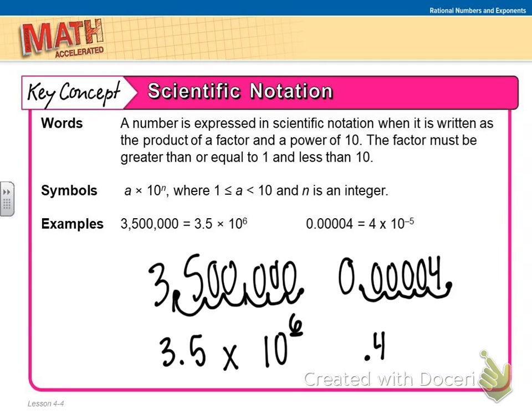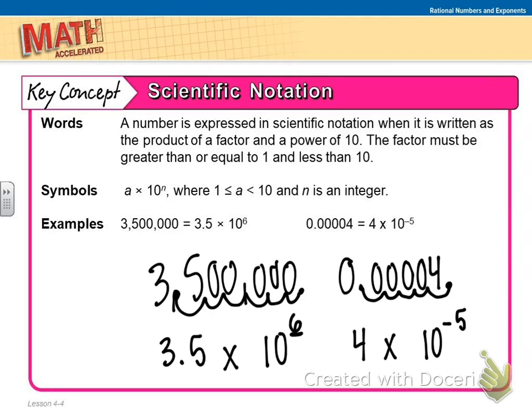So we've got to move it 1 more behind the 4 and just get what is our factor? 4, right? And we know it's negative because we went down to the number, right? We went down to 4. Or you think of it like, once I write 4, how do I get back to this number? I'm going to need to move my decimal which way? To the left. So that means my exponent needs to be a negative 5. Okay. Does everybody see that?